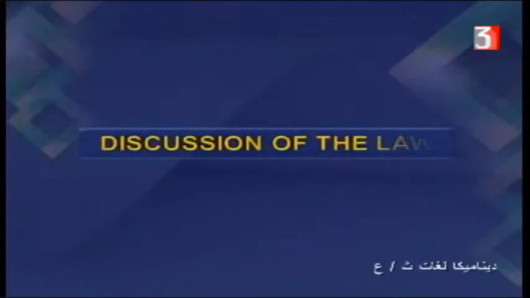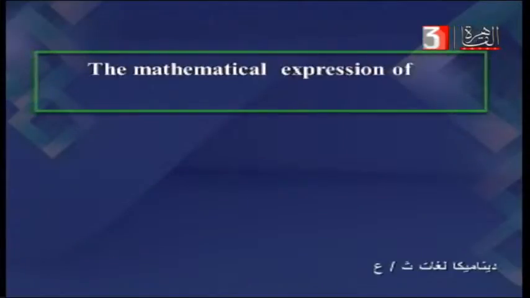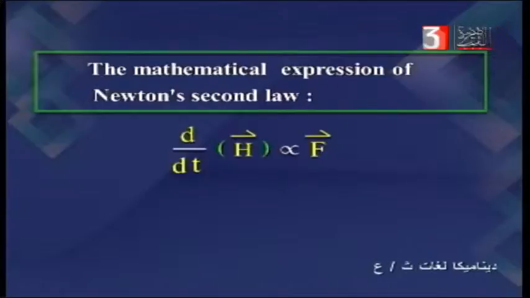What is the mathematical expression of Newton's second law? The rate of change of momentum, dh/dt, varies as the force acting on the body. What is the momentum h? It is the product of the mass of the body and its velocity.